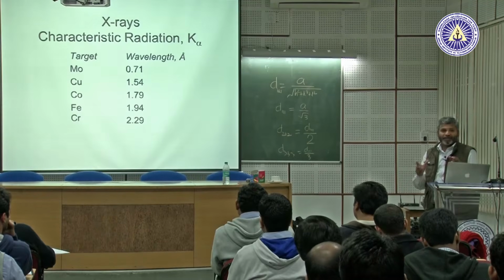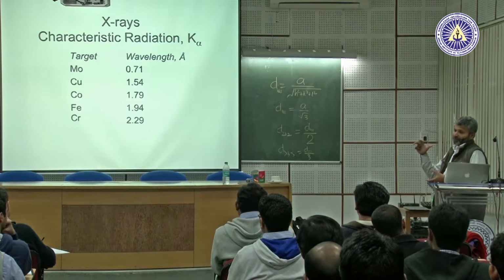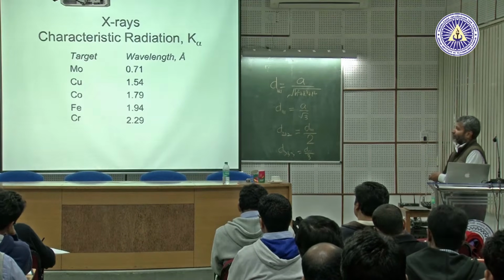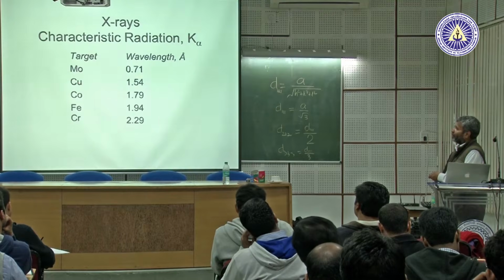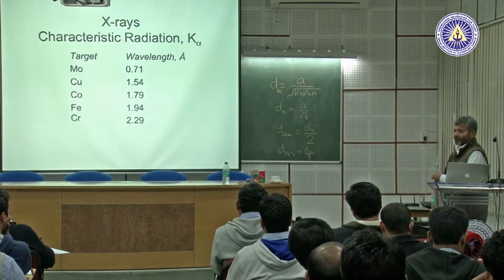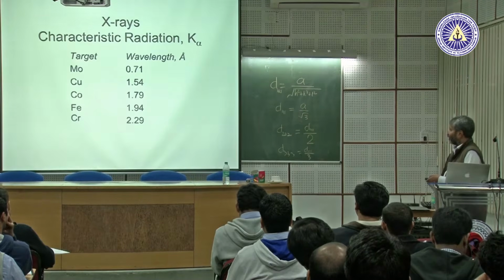Every X-ray diffractometer will come with an X-ray tube, X-ray generator, and in that tube the target will be one of these metals. Copper is quite common. If copper is there, then the wavelength which you will get out of it is 1.54 angstrom. These are called the characteristic wavelengths.